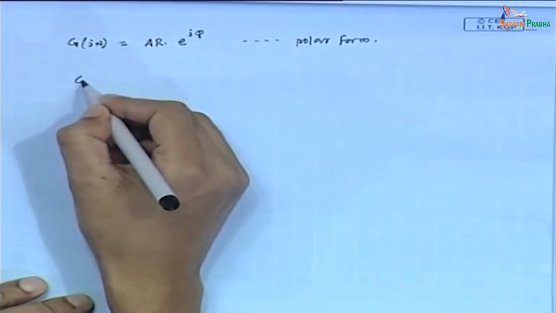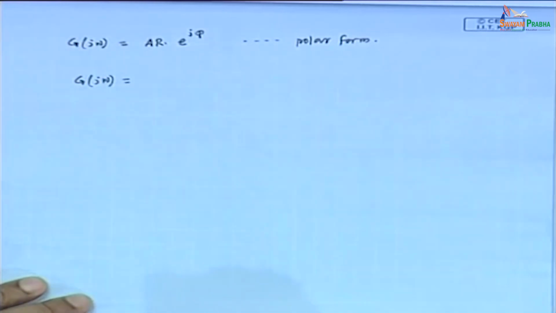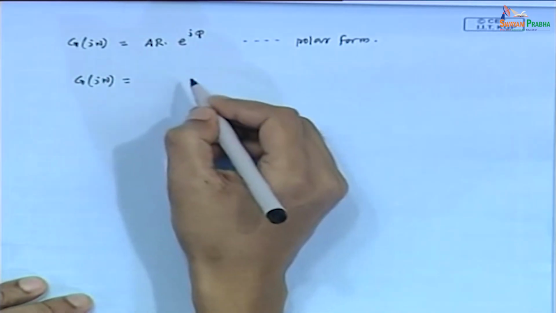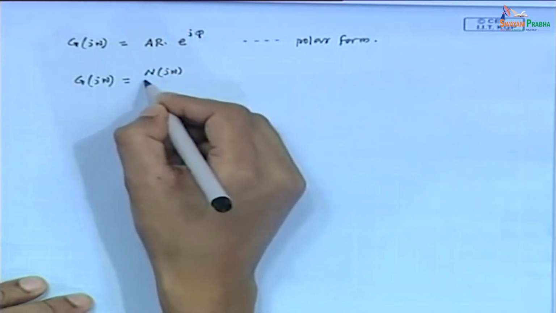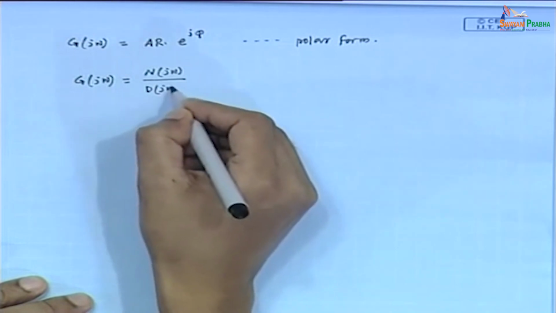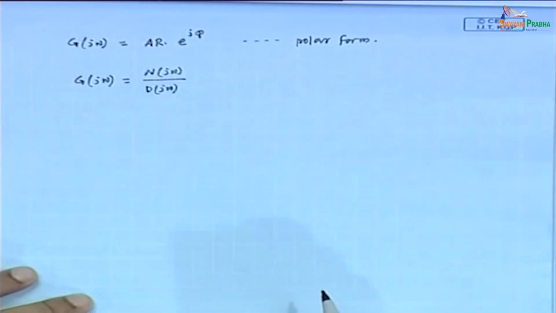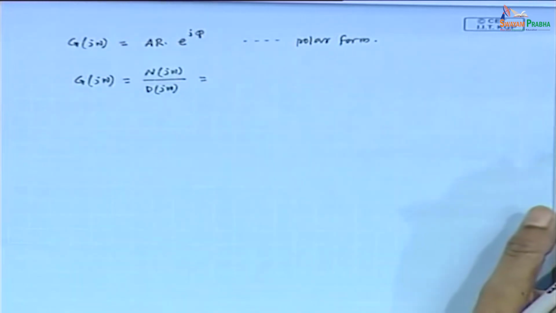Now, we can write this frequency response transfer function as G(j omega) equals the numerator divided by the denominator part. Now, we will apply the polar form.